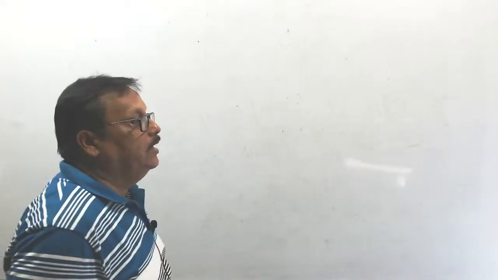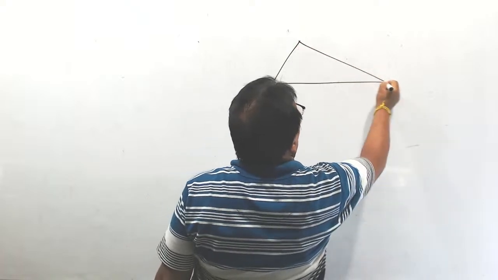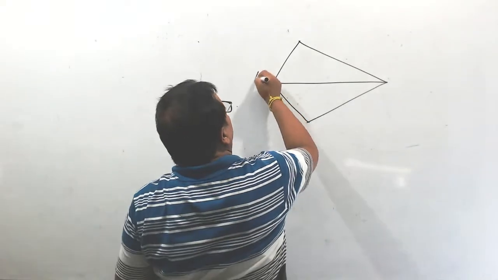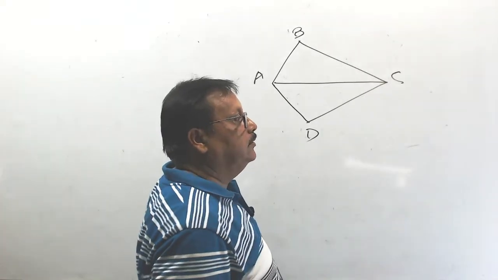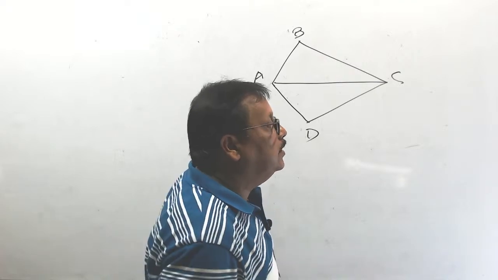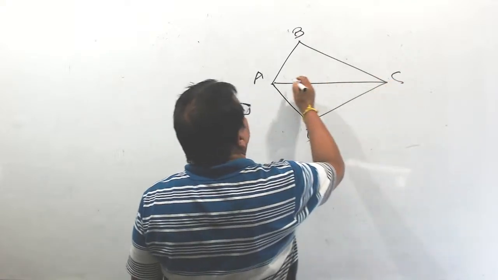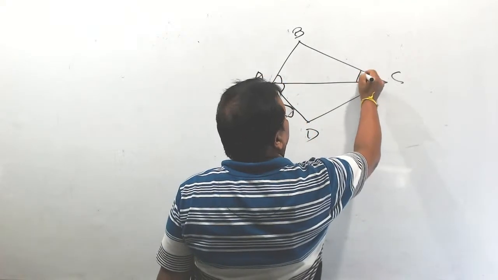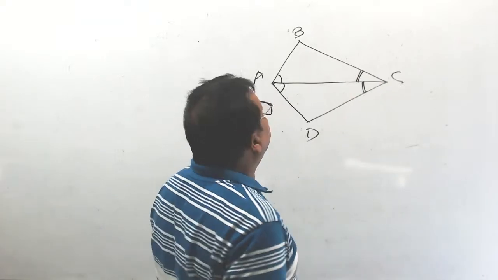What's the figure? Quadrilateral ABCD. A, B, C, D. Okay, AC is the diagonal, bisects the angle A and C. This diagonal AC bisecting the angle. That means this angle will be equal to this angle, right? And this angle also will be equal to this angle. Okay. Prove that AB is equal to AD.